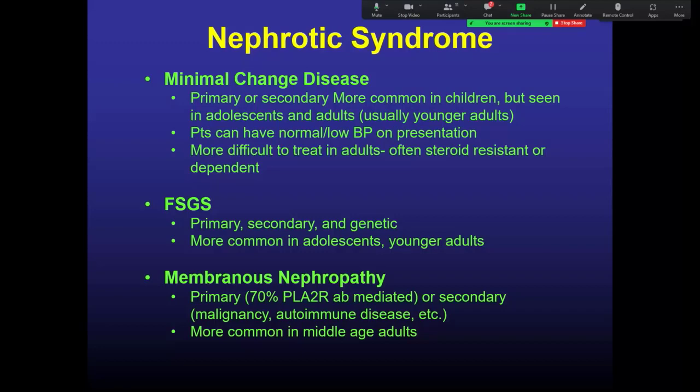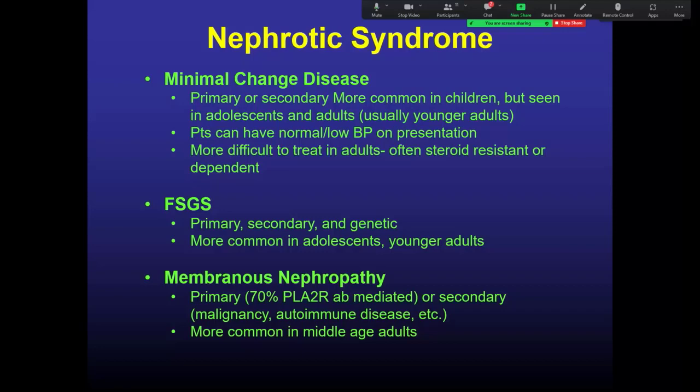Finally, membranous nephropathy, which we used to call primary idiopathic because we didn't know the cause, but now we're understanding that more and more of these patients have antibodies to specific podocyte proteins.